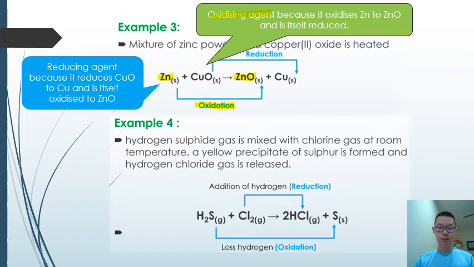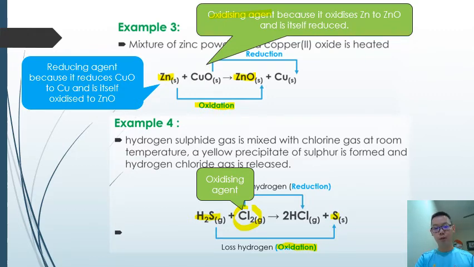Let's look at example 4. Hydrogen sulfide gas is mixed with chlorine gas at room temperature. In this equation, we can see that hydrogen sulfide is oxidized to sulfur, and the chlorine gas is the substance that causes hydrogen sulfide to undergo oxidation.